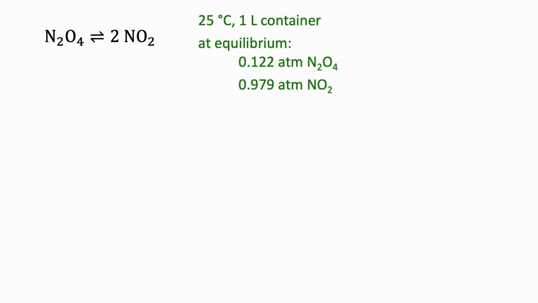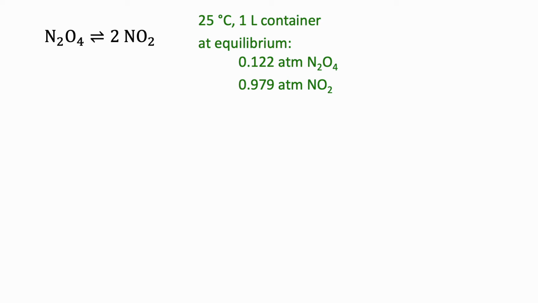So let's consider the following system, where we have N2O4, and that is in equilibrium with NO2, because NO2 dimerizes, in other words, it reacts with itself to form a new gas, N2O4. So just putting NO2 in a container, you're naturally going to get some N2O4 or vice versa.